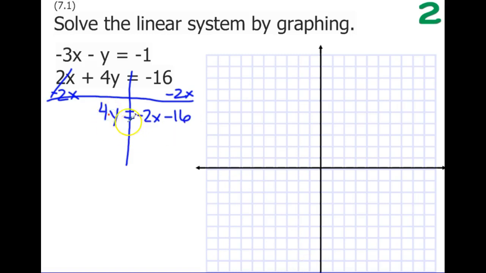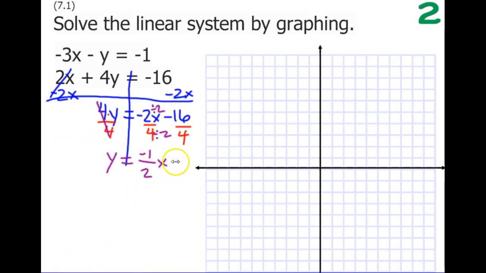And then to get rid of this multiplying by 4, we have to divide by 4. So 4 over 4 eliminates, and we have y equals 2 over 4, we can simplify if we divide both of these by 2. We get negative 1 over 2x. And then on the end we have minus 16 divided by 4, which is 4.